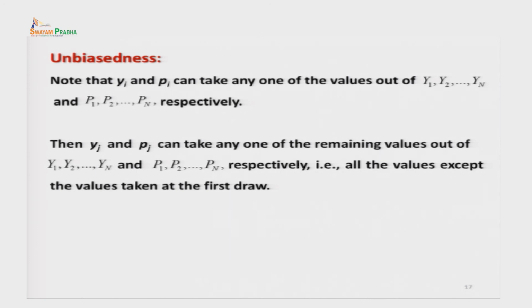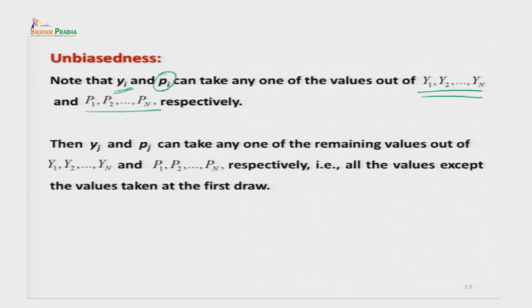Right. So now we know when I take yi, this yi is going to take any value of y1, y2, yn, and the corresponding probability is going to be small pi, which can take any value capital P1, capital P2, capital Pn respectively. Right.